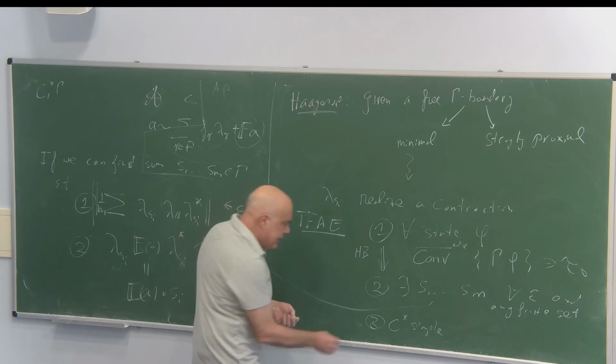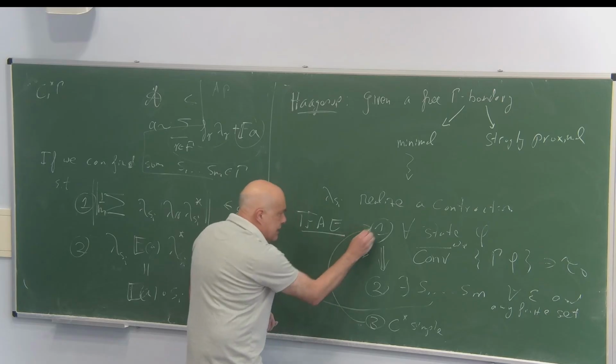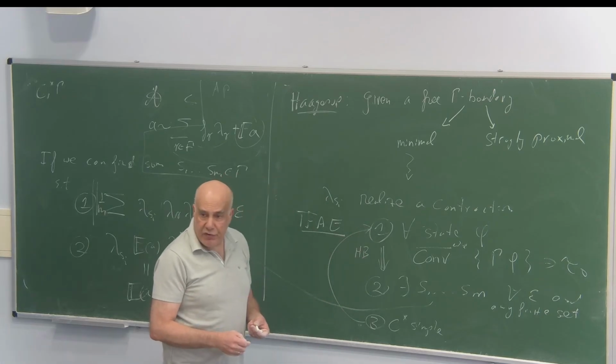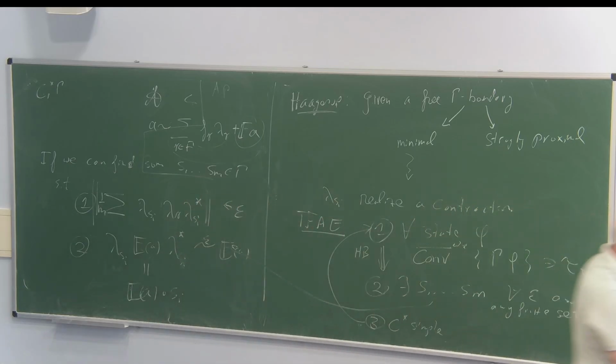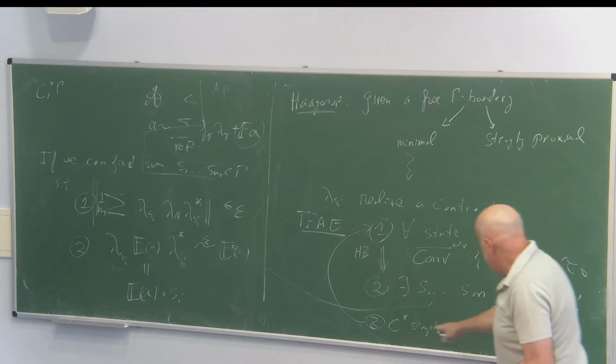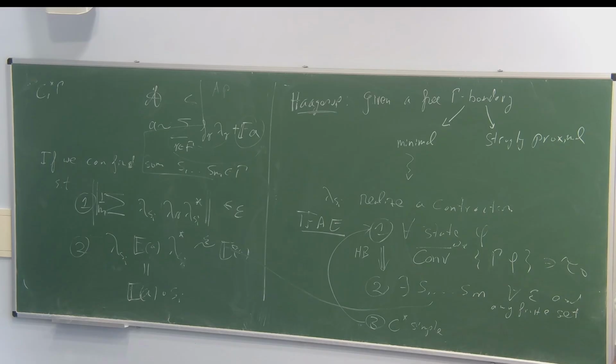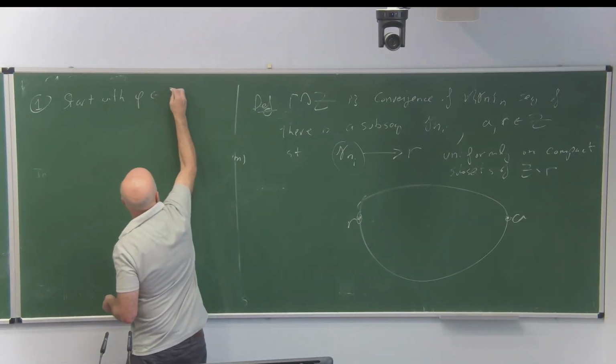What really interests us is trying to do this other implication, and we follow Hagerup's strategy. Namely, we do the following things. Now we start with some state phi on the crossed product.